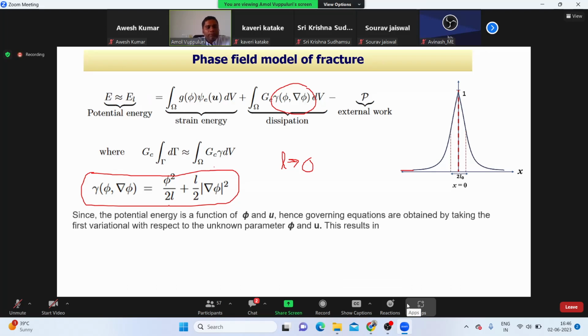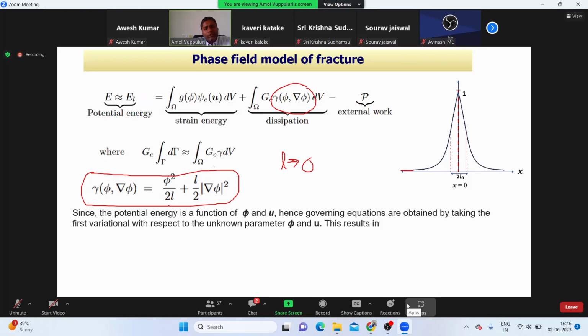Okay. So once you write the potential energy of the body, it is written in terms of two unknown functions. One is phi, the damage parameter or order parameter, and another is the displacement field u. The governing equations from the potential energy are obtained by taking the variationals.